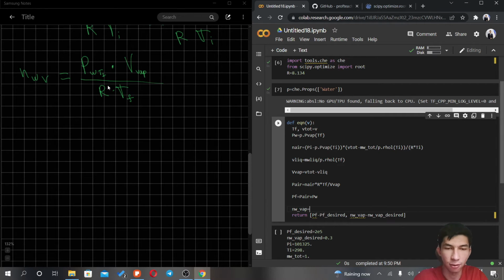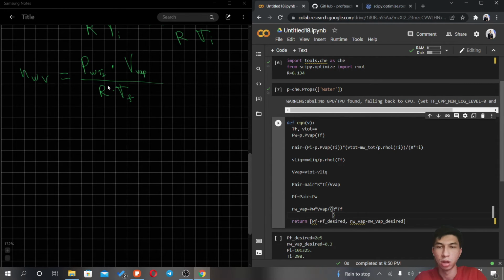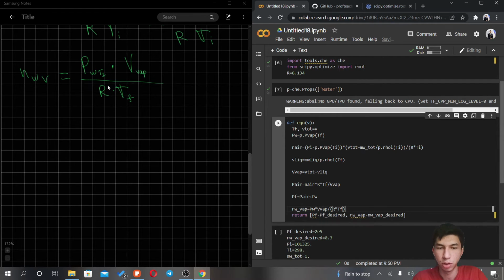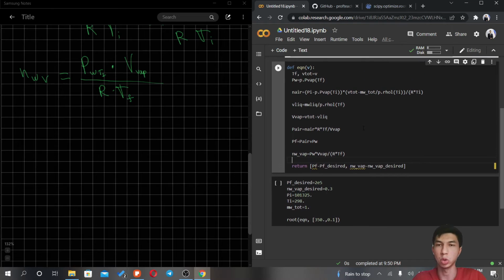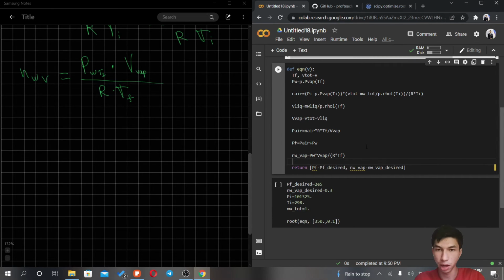So it would have the pressure of the water, which we defined earlier, multiplied by the volume of the vapor, and we divide that by R multiplied by the final temperature, right? So now we have our basic equations that we can actually use while determining our function.